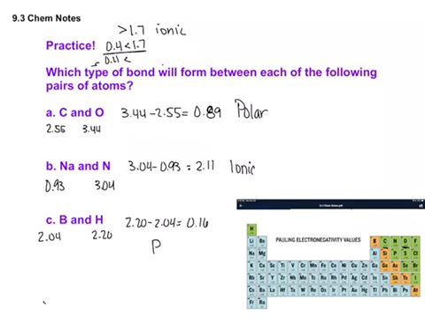They had them switched around. It should be polar and nonpolar. Sorry about that. And so down here we would have a nonpolar bond.